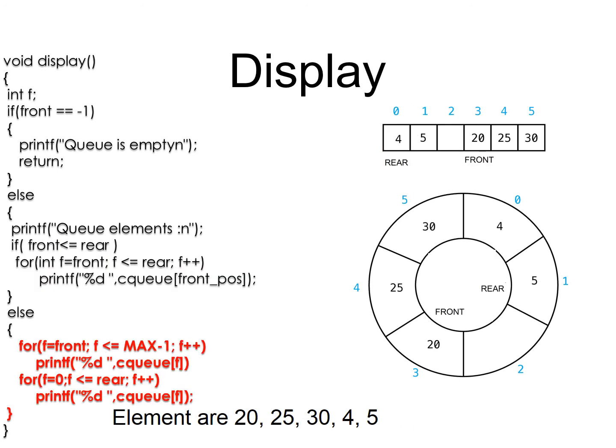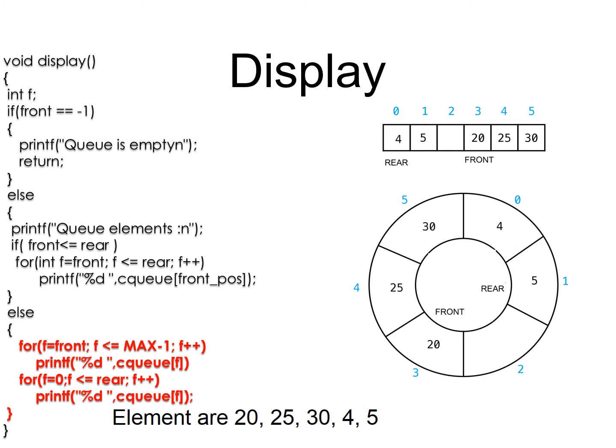Suppose there is some insertion, deletion, and again an insertion might have happened. Multiple insertions and deletions have been performed. That means rear and front have been nearby. What will be the case? So if that is the case, what are you going to do here? First my queue is not empty. Again, front is less than rear.